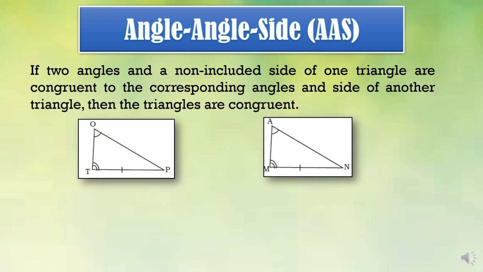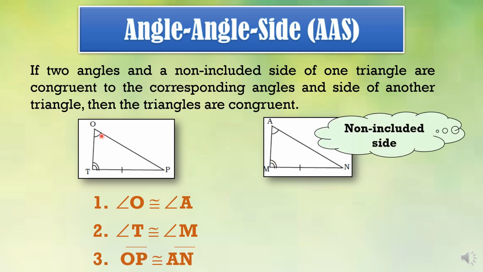Given triangle TOP and triangle MAN, based on the given markings, we have angle O congruent with angle A. Angle T is congruent with angle M. Then line segment OP is congruent with line segment AN.